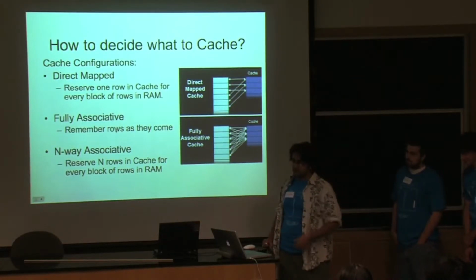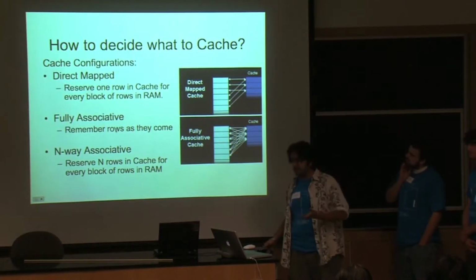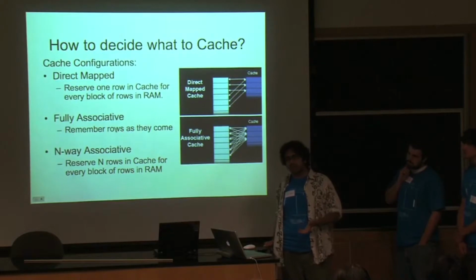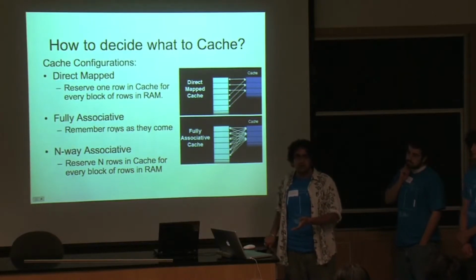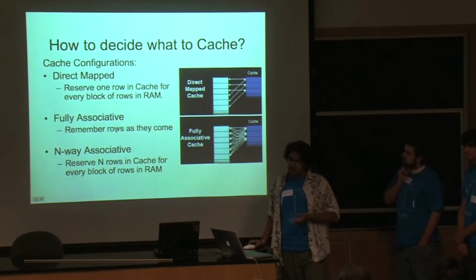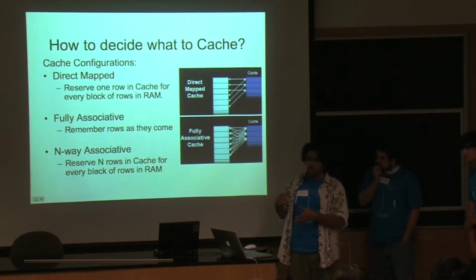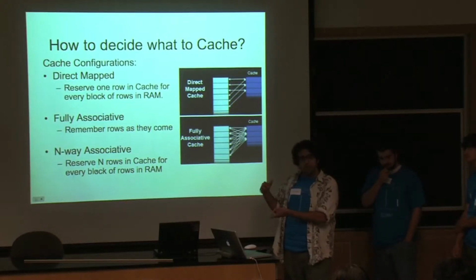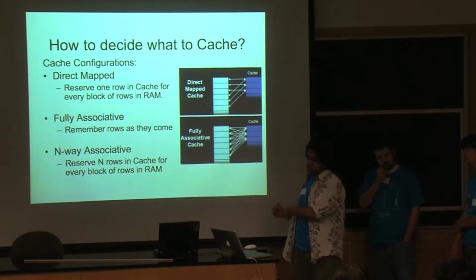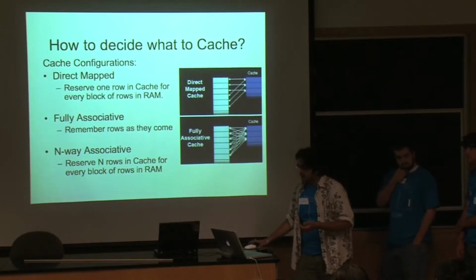And fully associative is when you don't have any reservations, and anytime something gets accessed through the memory, it gets remembered, and you cache things as you go. And the hybrid of that is where you reserve multiple blocks, multiple rows in your cache for each memory block, and it's associated within that.